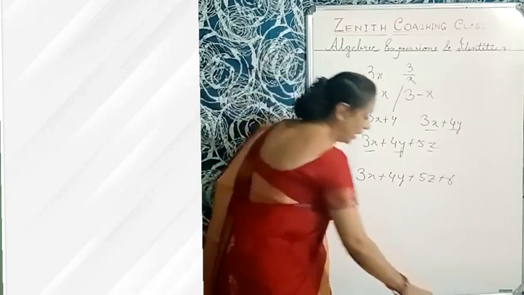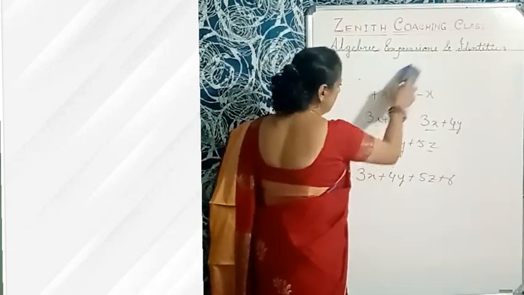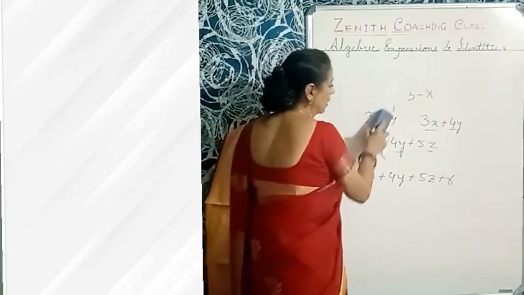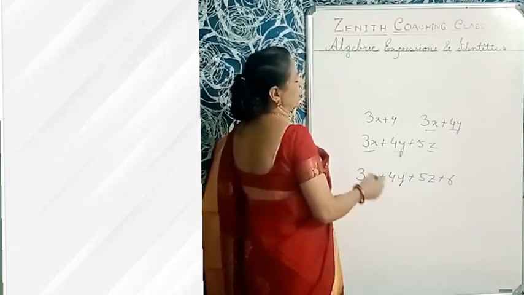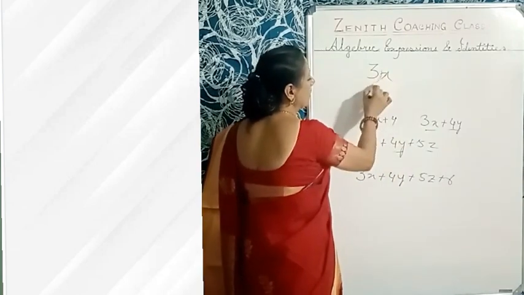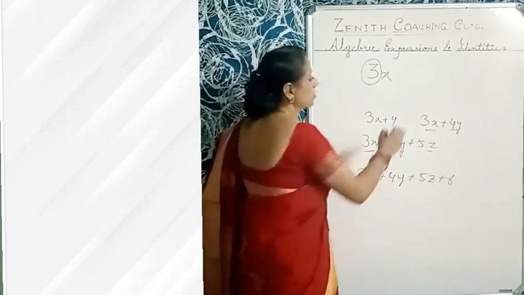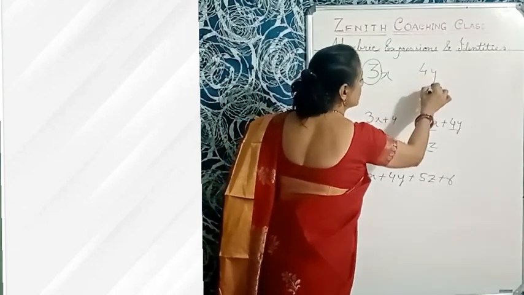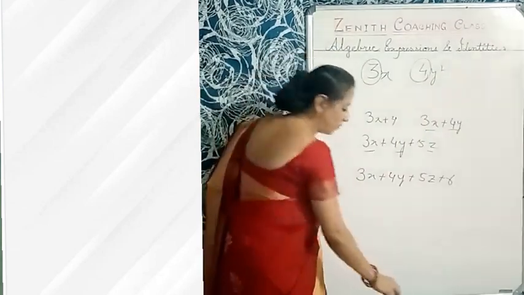Now you know about the monomial, binomial, trinomial and multinomial. Now I will teach you the coefficient. Here is 3x, so the numerical coefficient of x is 3. Here is 4y square, the numerical coefficient of y square is 4.